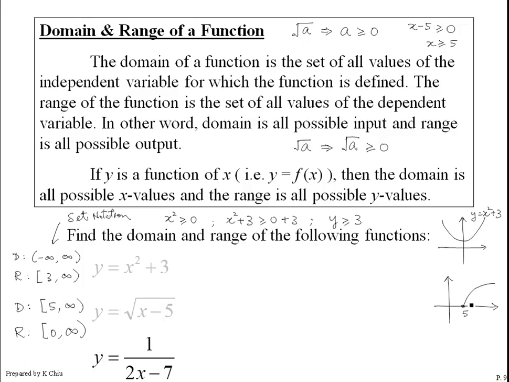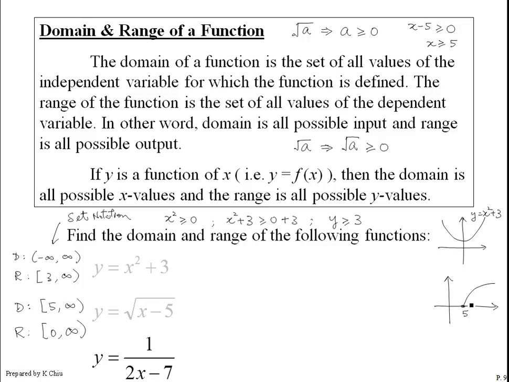Let's see another one. y is equal to 1 over 2x minus 7. Can x be anything this time? When you have a fraction, we need to know something. The denominator cannot be what? It cannot be 0.